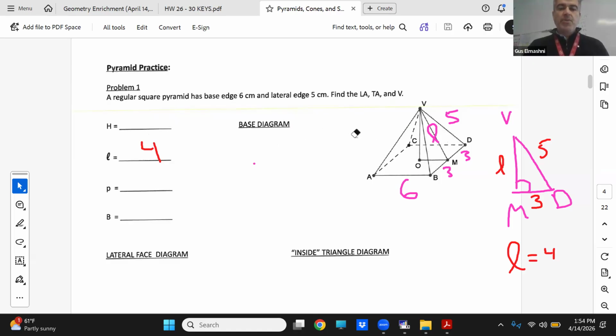So that's 4. So now I can just replace that 4. How long is OM? 3, right? So we'll call this the inside triangle diagram because it is inside the diagram, and this is VOM.